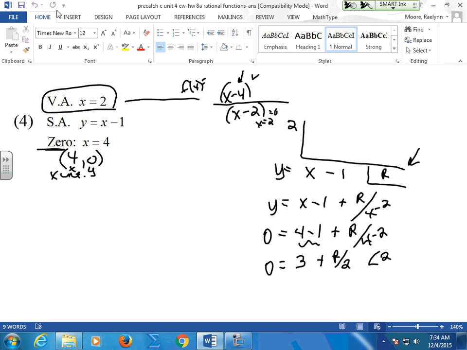Multiply. Let's multiply everybody by 2. So r would be equal to what? -6. Now, where's the tricky part? Okay, you're going to take this r and you're going to replace it back into here. We're going to build everything right off of this. It all builds nicely. Bring this guy back over here.